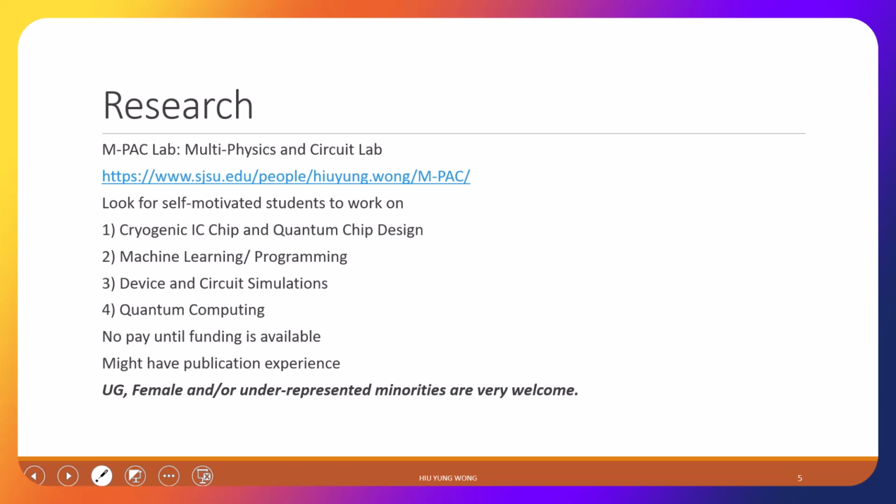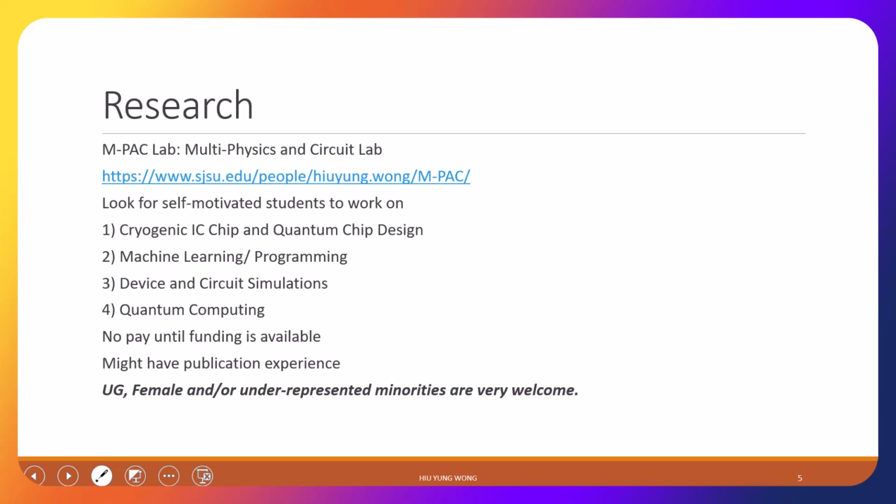In terms of research, I always look for self-motivated students. The most important thing is I always try not to pay until the funding is available, or the student really shows that he or she is committed. But usually, overall, they get a good experience, because we usually have publications.